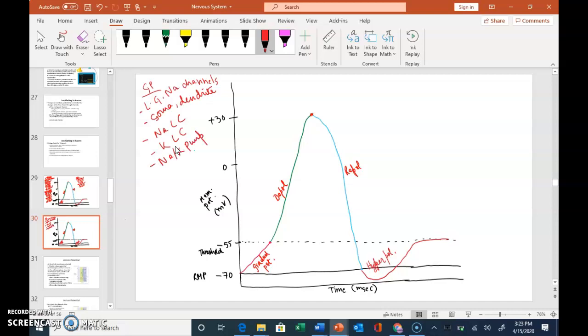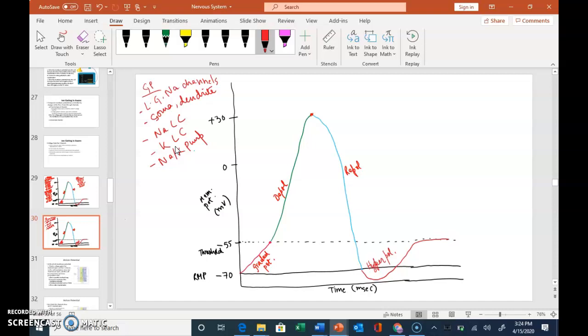So all these play a role to generate graded potential, which can or cannot lead to threshold potential. Okay, now if you reach threshold, there will be an action potential. So the green, the light blue, and then the red at the very tail end, everything represents an action potential.